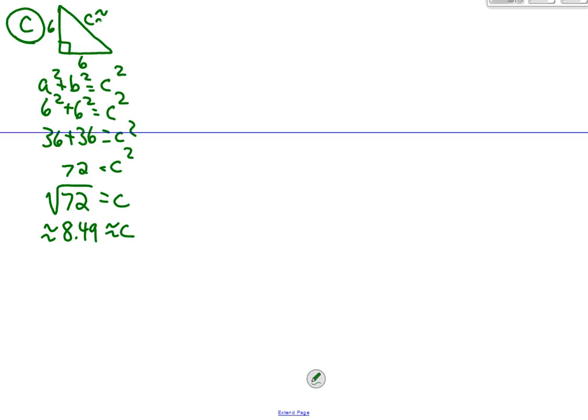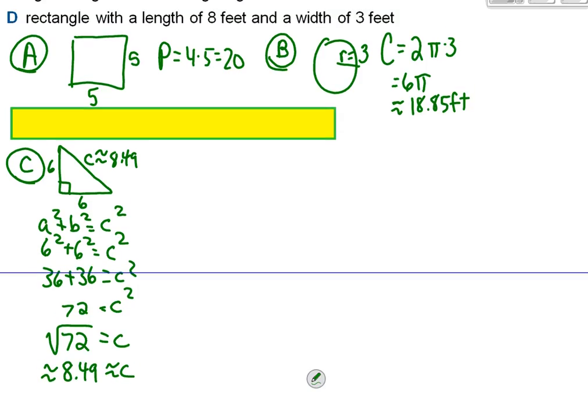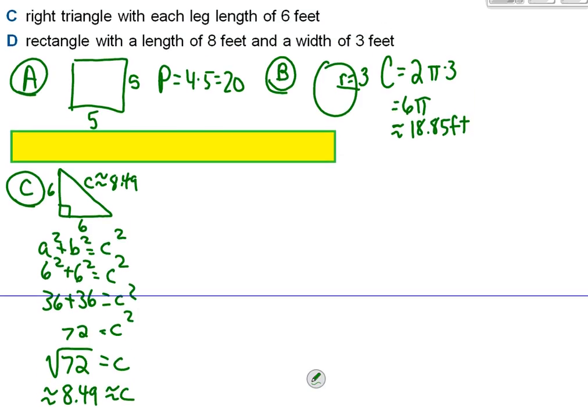Now I'll slide that back down a little bit, and now we can find the perimeter for that one, which is adding 6 plus 6 plus 8.49, and that's approximately 20.49 feet. Oops, I didn't write feet way up there. So that one is too long as well.